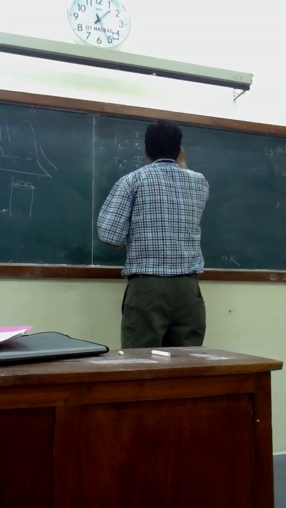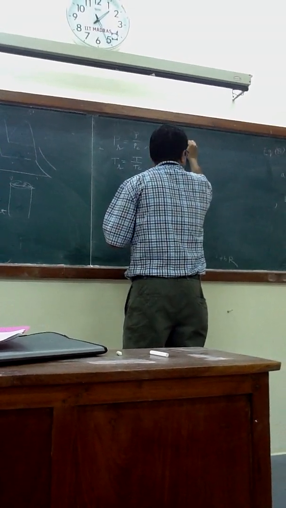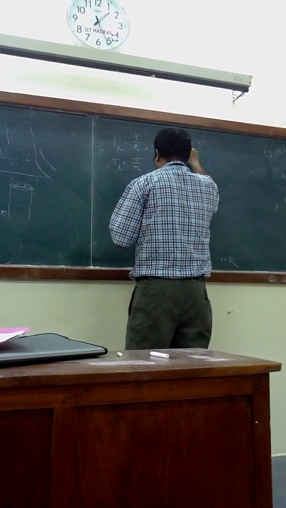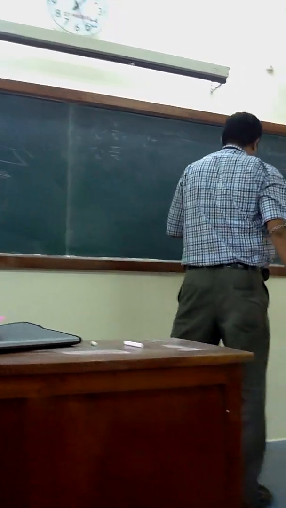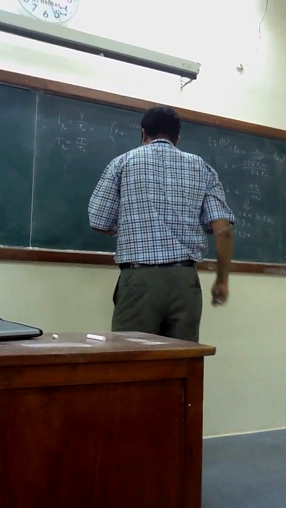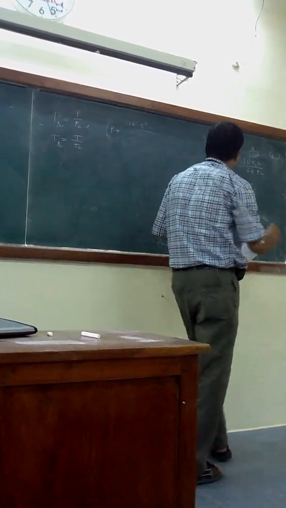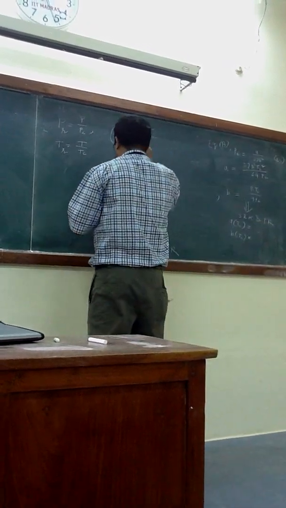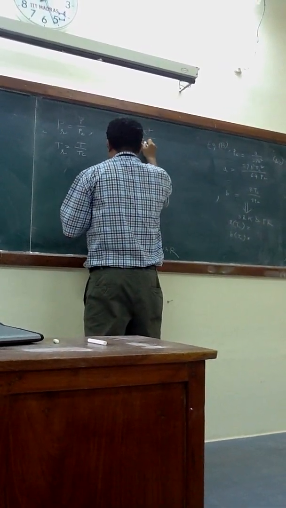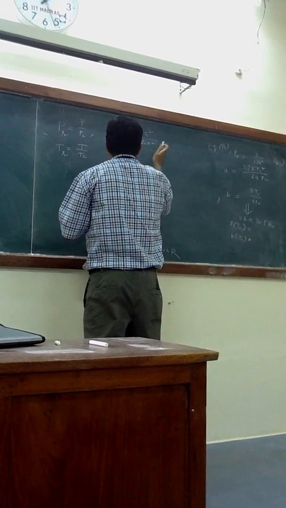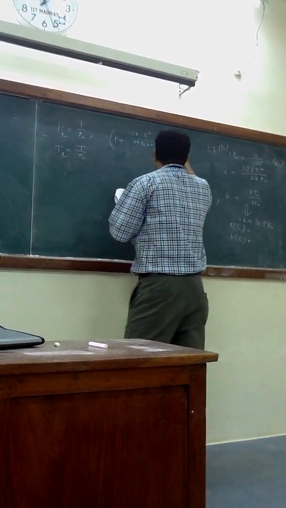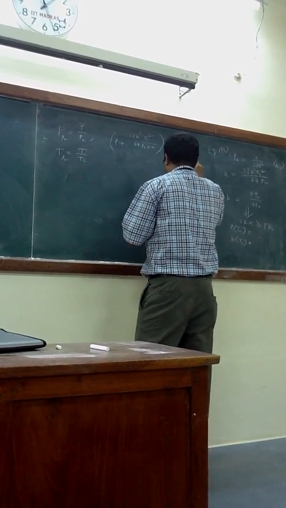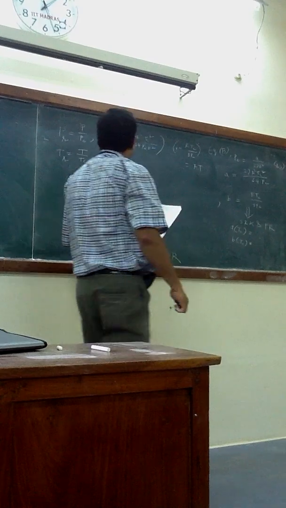If I write P plus A is 27 R square Tc square by 64 Pc by V square, V minus R Tc by 8 Pc equals R T. Correct?